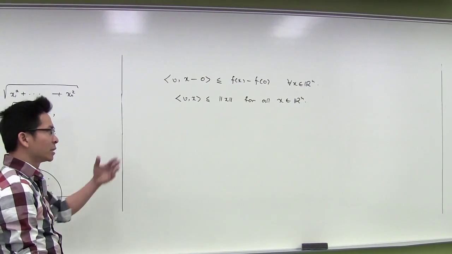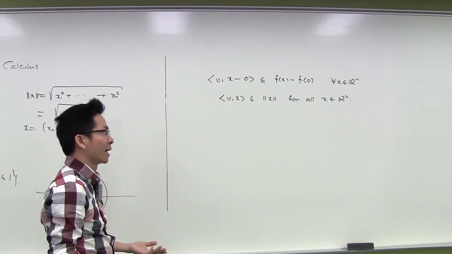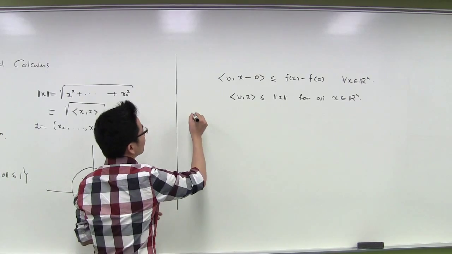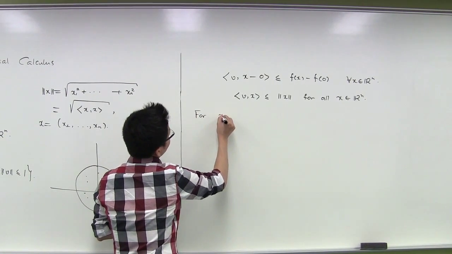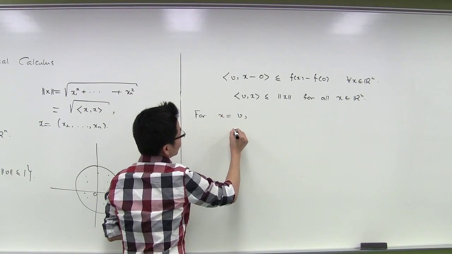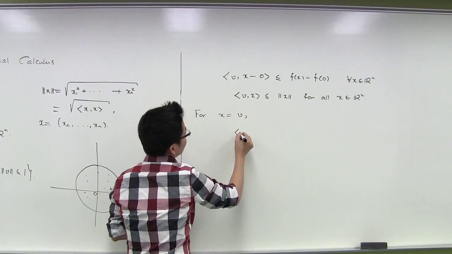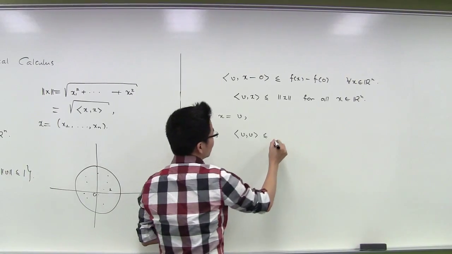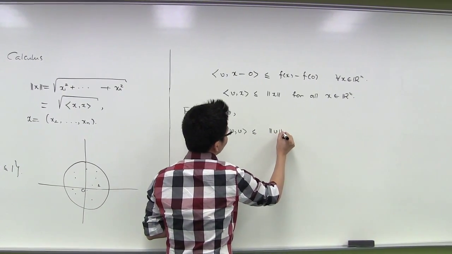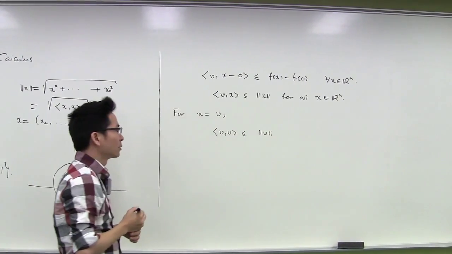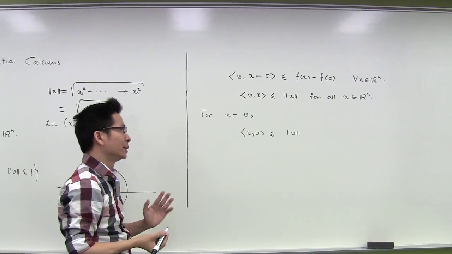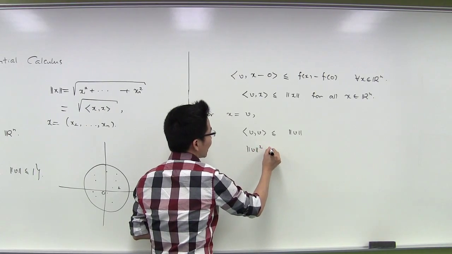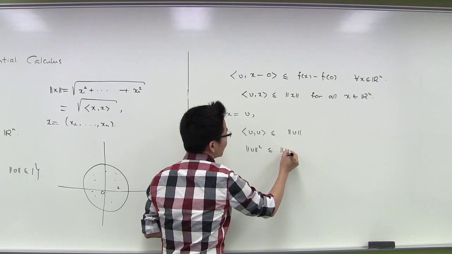Because this is true for all x in Rn, it is true for x equals v. So for x equals v, the inner product of v and v has to be less than or equal to the norm of v. This can be written as the norm of v squared is less than or equal to the norm of v.